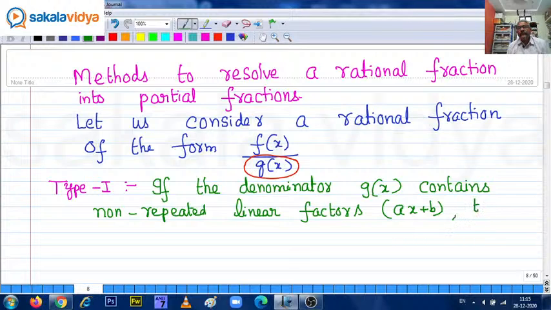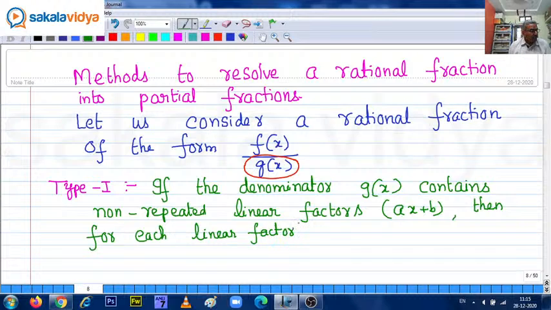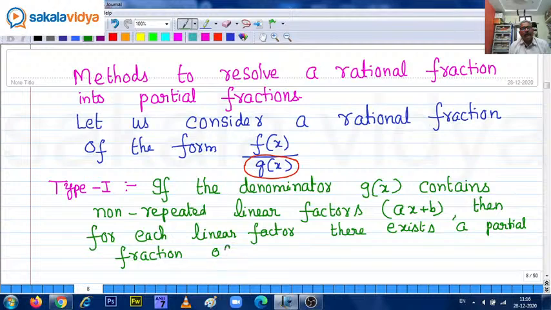Then for each linear factor, there exists a partial fraction of the form a by ax plus b.